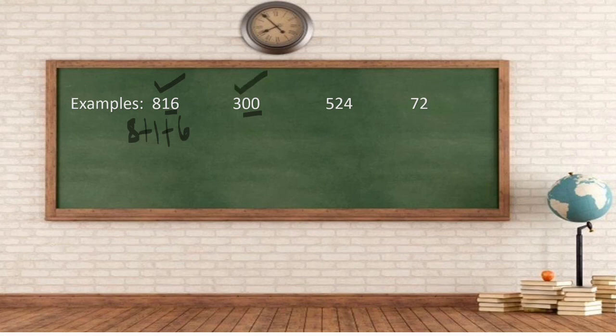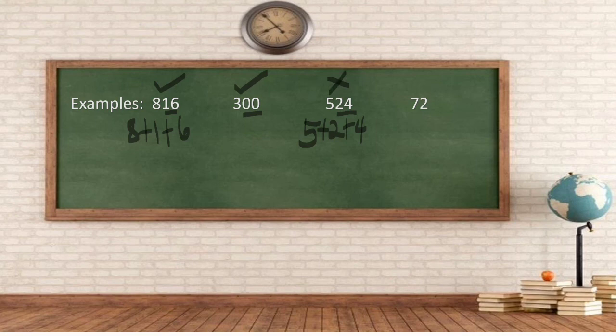How about 524? 24 is divisible by 4. But if we add 5 plus 2 plus 4 equals 11, this is not divisible by 3. So 524 is not divisible by 12.